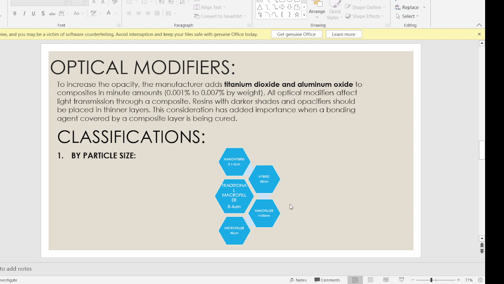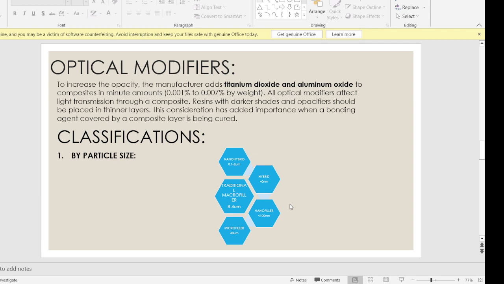All optical modifiers affect the light transmission through the composite resin. With a darker shade, an opacifier should be placed with a thinner layer, and this is considered important when a bonding agent is covered by a composite layer.